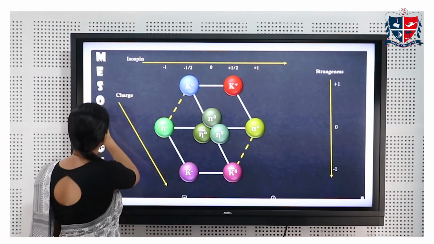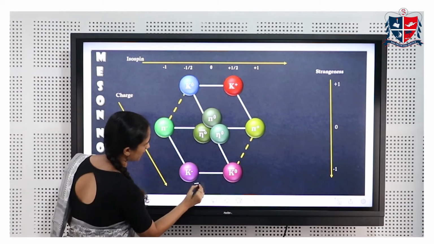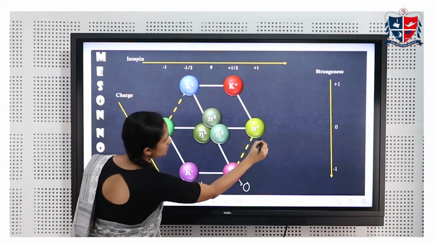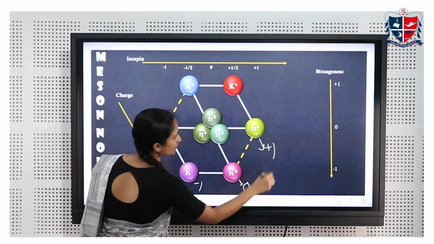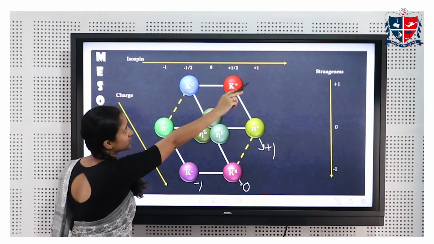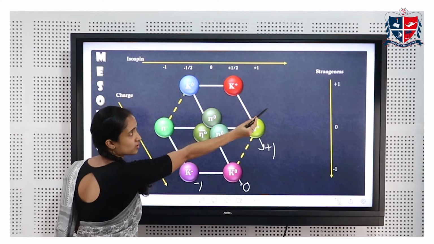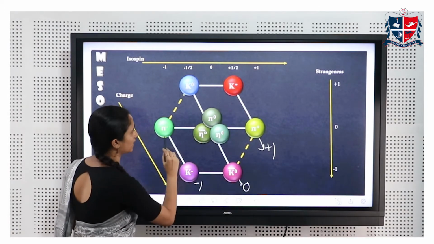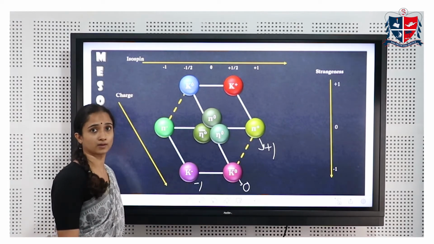All of these have a charge of minus 1, all of these have a charge of 0 and all of these have a charge plus 1. Fine. The isospin quantum number is there. Strangeness for K particles is plus 1. Their antiparticles have strangeness quantum number minus 1, and these are all neutral particles.